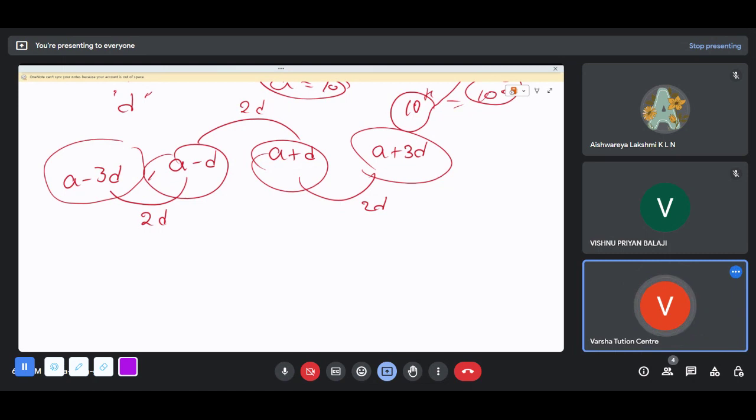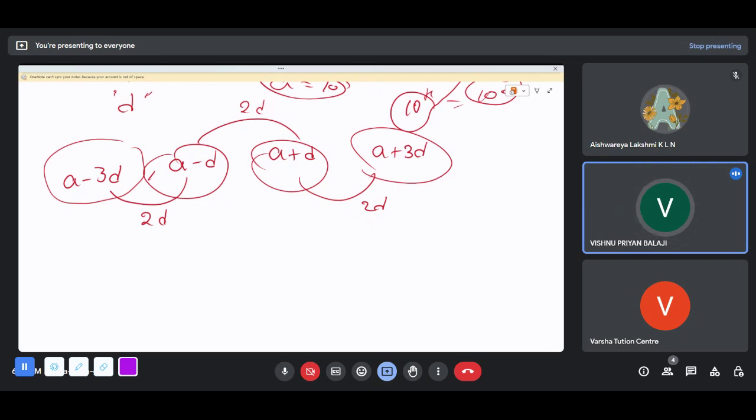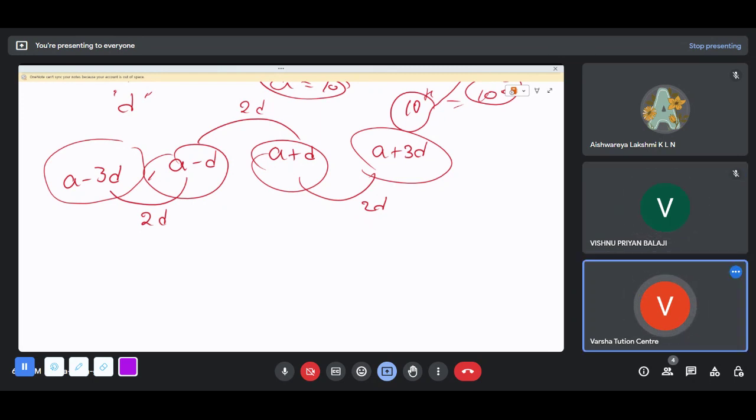Is that clear? Any confusion, sir? Sir, why is A minus 2D left out here? That's why. If I choose A minus 2D like that, I will not end up with a proper set. You can think of it like this also.